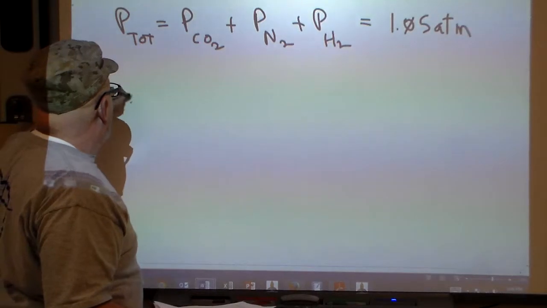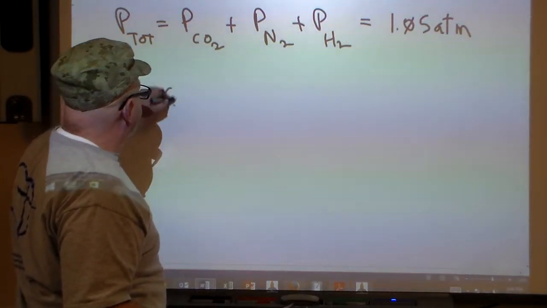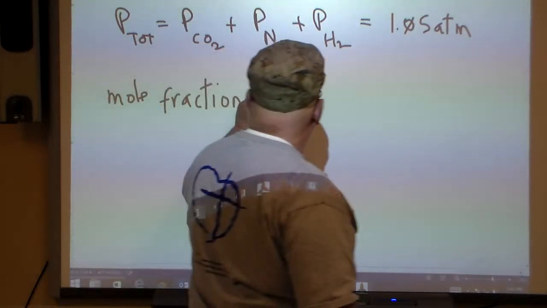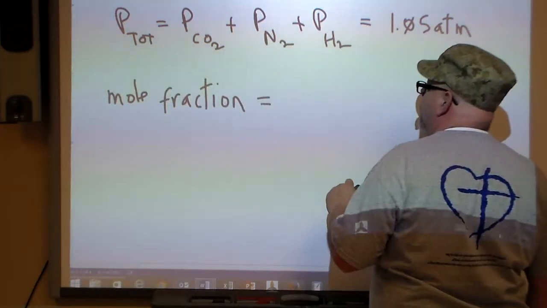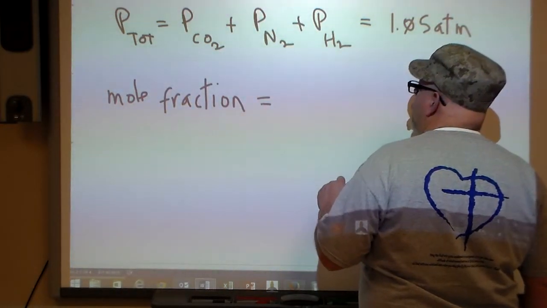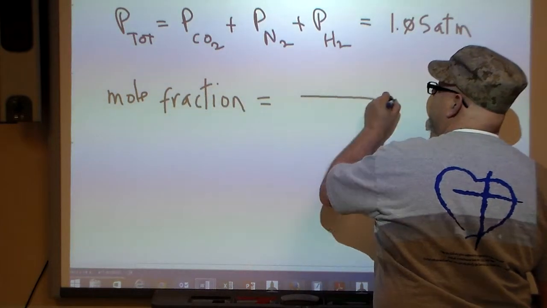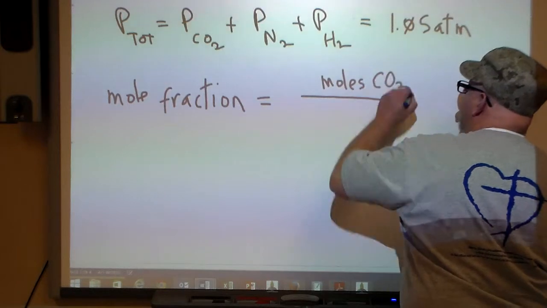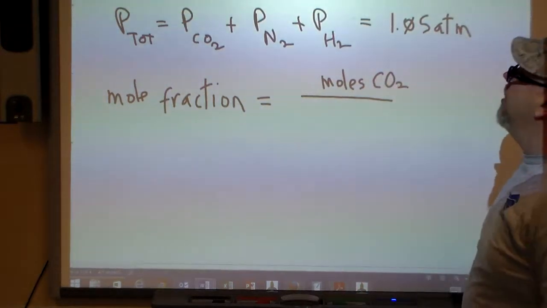Well, the idea behind a mole fraction is really simple. You are going to take, in this case, the moles of carbon dioxide, which is what we're interested in, right?